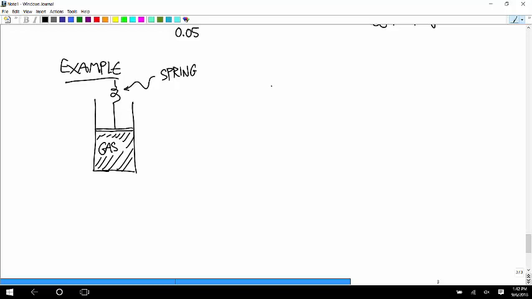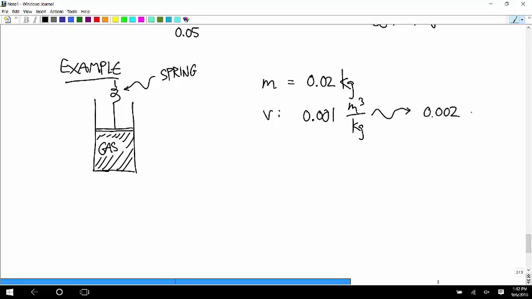Let's say that the mass of the gas is 0.02 kilograms. And the specific volume goes from 0.001 cubic meters per kilogram to 0.002 cubic meters per kilogram.